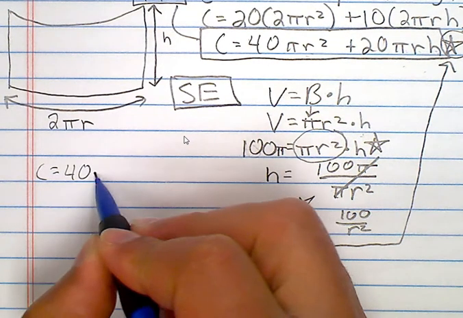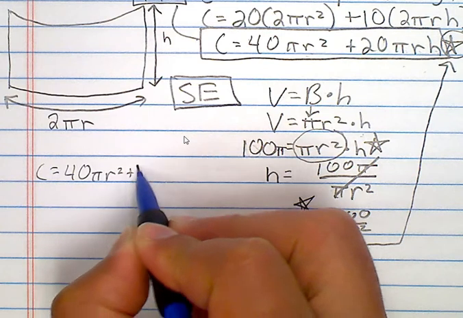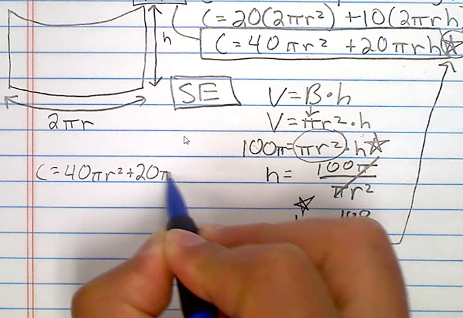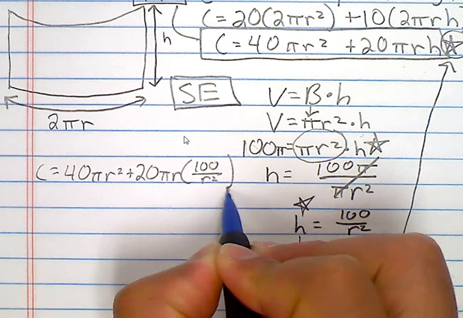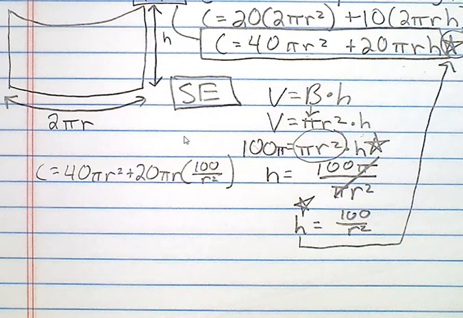40 pi r squared plus 20 pi r times 100 over r squared. I want y'all to simplify that to where you can actually take the derivative of it. Everybody go. You got 30 seconds. Less than that. 15.